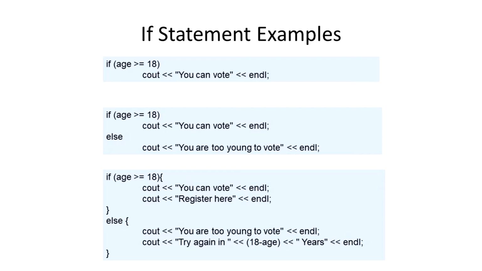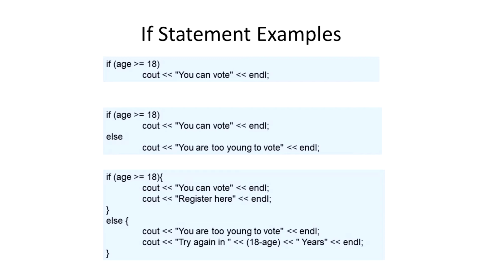Okay, and then in the second box here, we extend that to have an else statement where if the initial condition that's being tested, age, is not greater than or equal to 18, if that condition is false, then we specify a message to be output to say that this user is too young to vote.